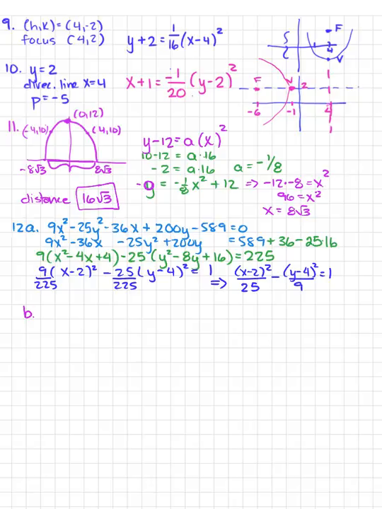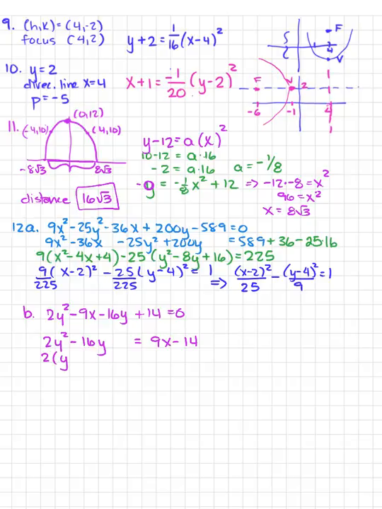For part B, let's see what we got here. 2y squared minus 9x minus 16y plus 14 equals 0. All right, so let's keep our squared terms on one side, and I'm going to move my 9x minus 14 to the other side. So factor out a 2.